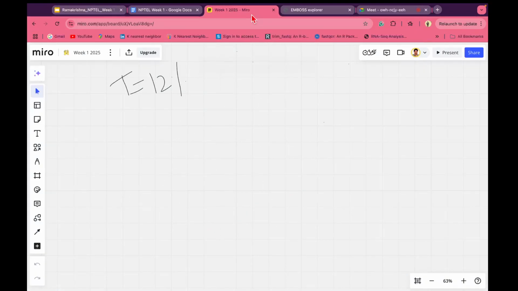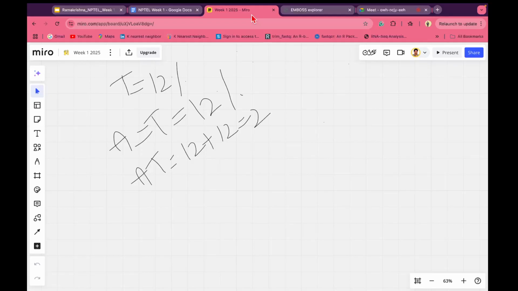Okay, so according to Chargaff's rule, we know A content should be equal to T, so both will be equal to 12. So AT content will be 12 plus 12, that equals 24.